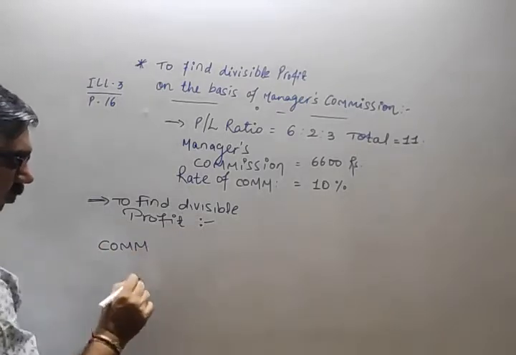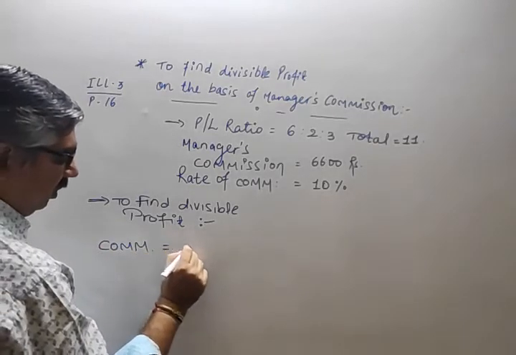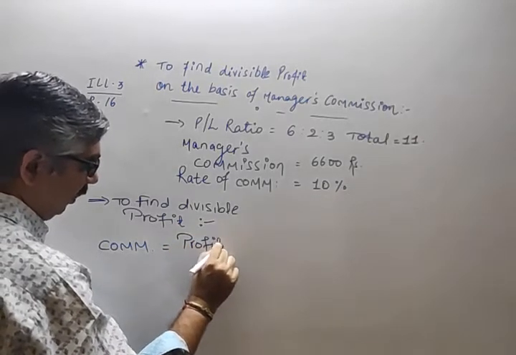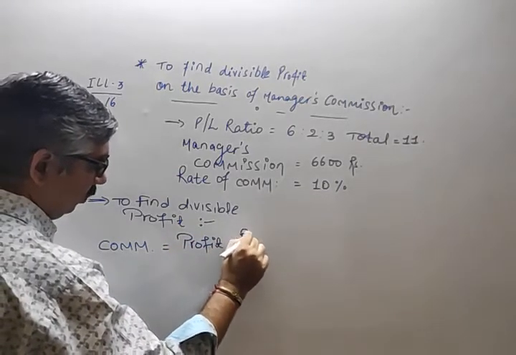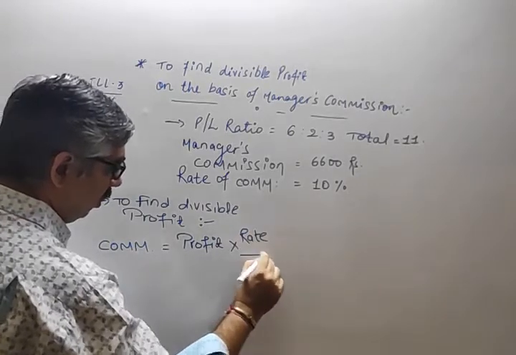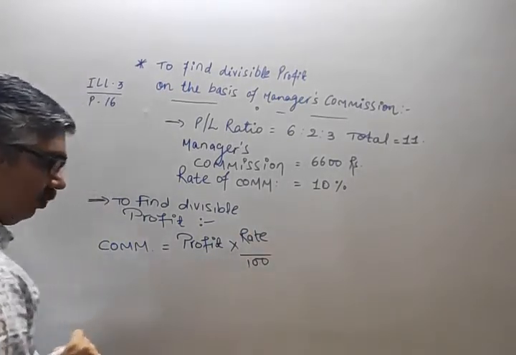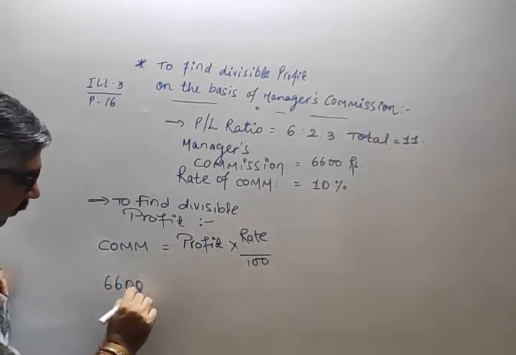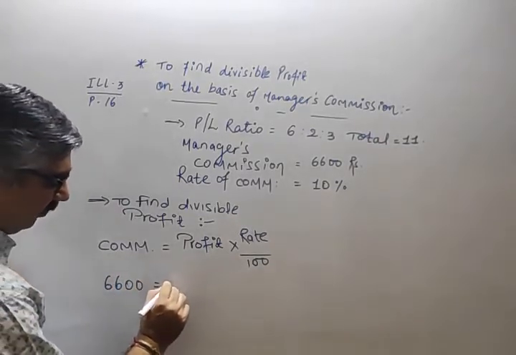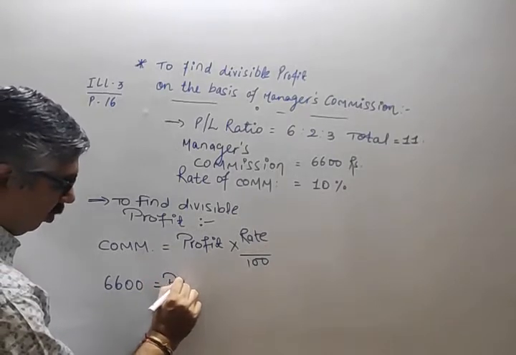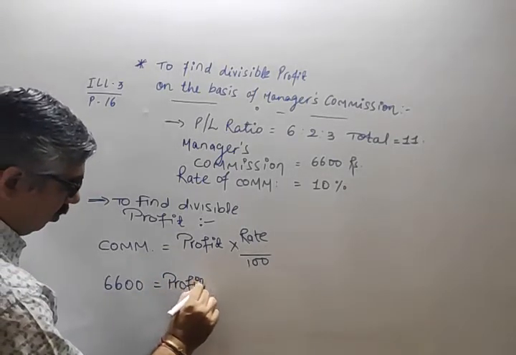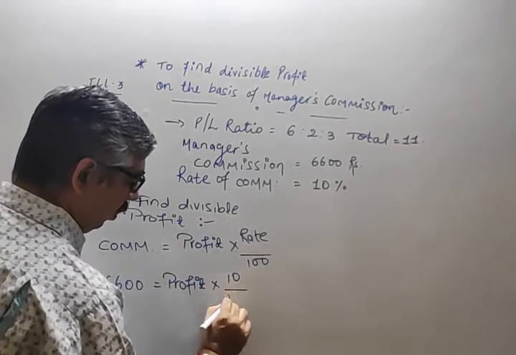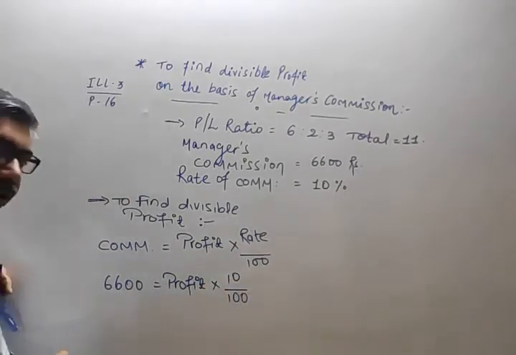we used to have this formula: commission equals to profit into rate upon 100. Now here we are already having 6,600. Profit into 10 upon 100.